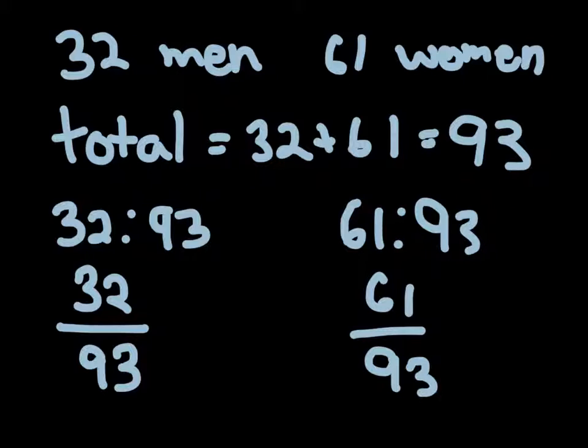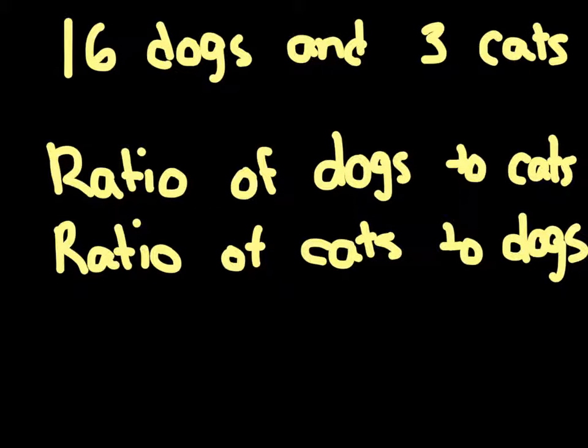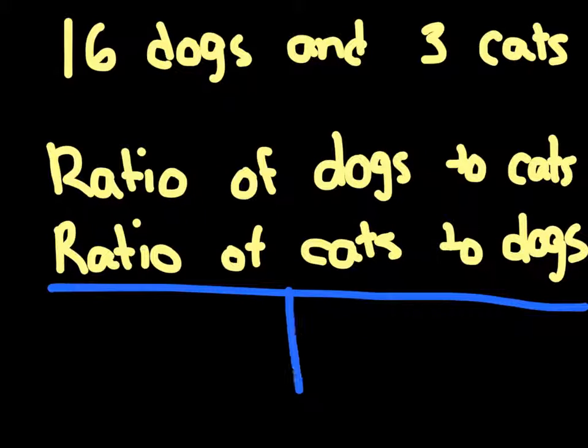Now let's actually do a basic problem. Let's go on. Alright, so we have this problem right here. 16 dogs and 30 cats. We want to find the ratio of dogs to cats and the ratio of cats to dogs. So let's break this up in half so we can split it up.